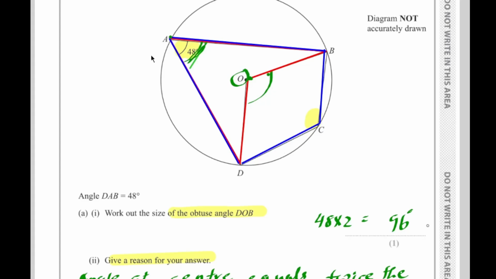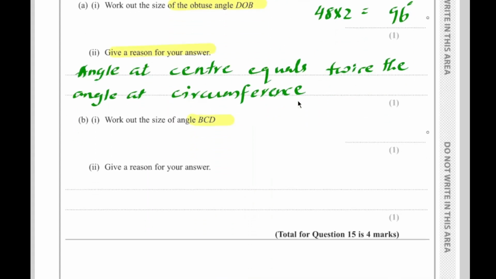So in a cyclic quadrilateral, the opposite angles add up to 180. Therefore, I can write 48 plus BCD equals 180. Then BCD becomes 180 minus 48 equals 132 degrees.